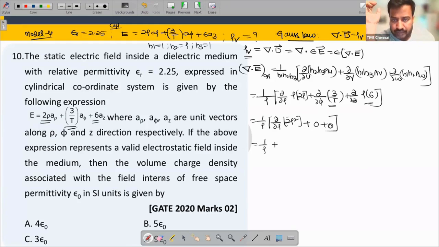So 1 by rho of 4 rho. This is 4. Del dot E is 4.